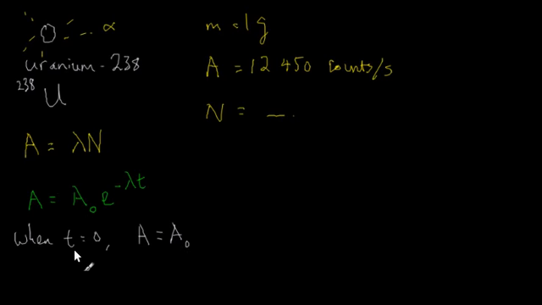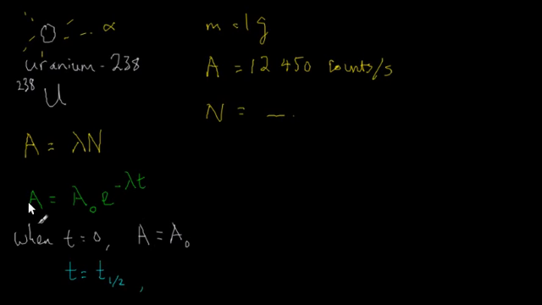But now let's think about what happens when t is equal to the half-life. We often use the symbol t with a little half at the bottom to represent half-life. So if you see t half, that means half-life. When t is equal to t half, that means that starting from time 0, you wait for a time equal to the half-life.